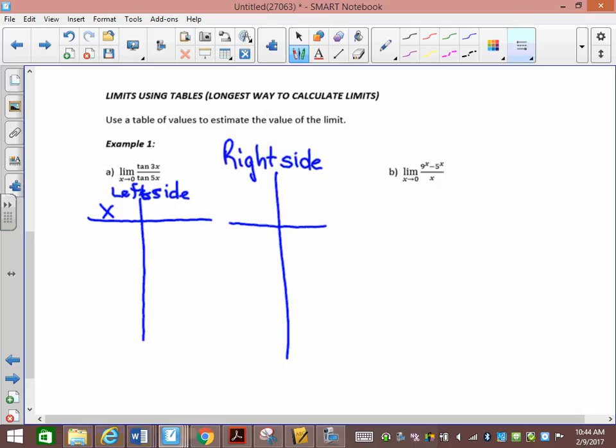And this is the limit as x approaches 0. You need tan 3x over tan 5x. So this can be x, and this can be tan 3x over tan 5x.